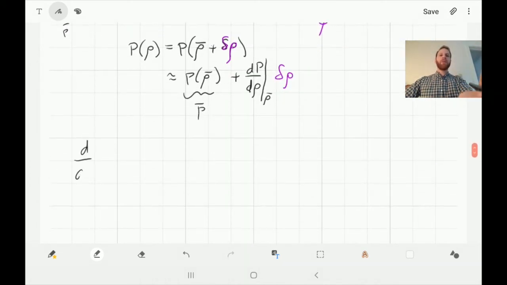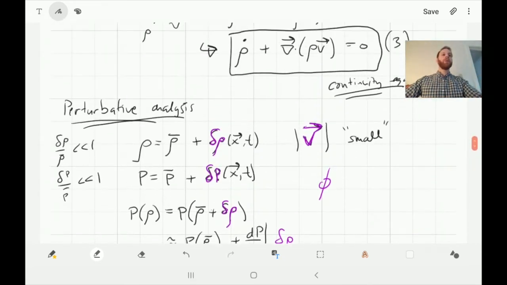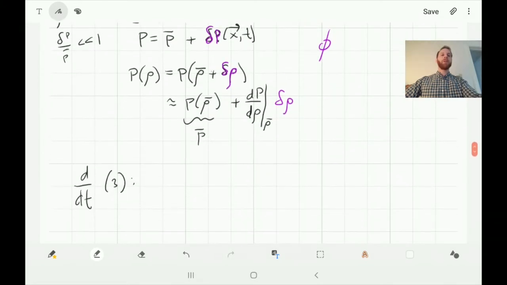So the time derivative of 3 tells you that rho dot becomes a rho double dot, plus the time derivative of the gradient of rho times v equal to 0.